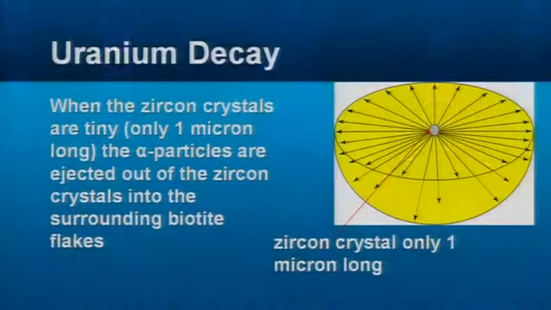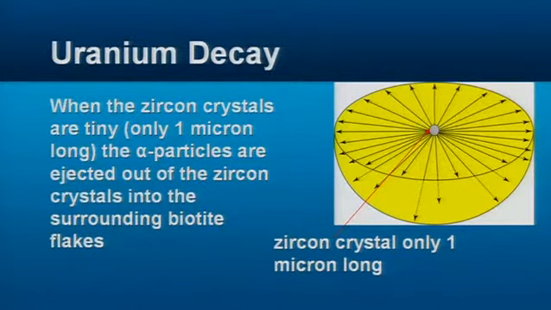However, in the biotite crystals, the zircon crystals embedded in them are usually very tiny. 1 micron is less than the thickness of a human hair, so it's quite small, but it's visible under a microscope. And these alpha particles shoot out like little bullets from the zircon crystal into the surrounding biotite.